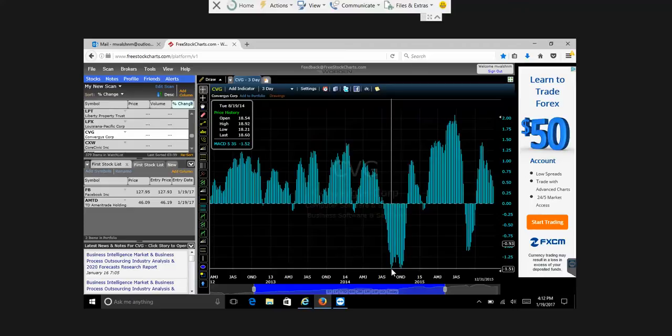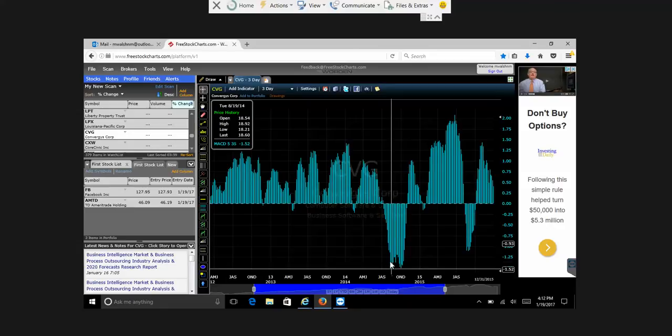Here's the biggest peak on the negative, negative 1.52. So what are we going to do? We're going to look for a peak at least equal to, and hopefully higher than, negative 1.52, and the opposite of negative 1.52 is 1.52.